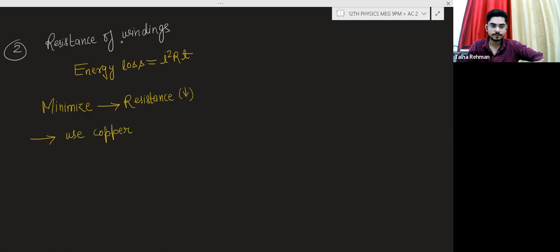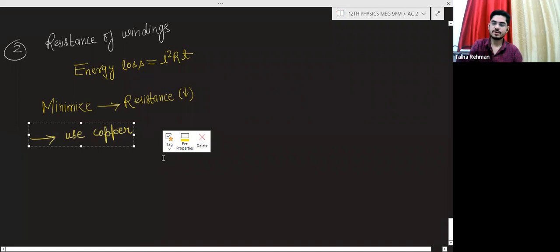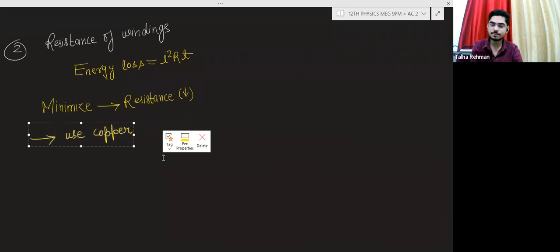Use copper. But copper is a costly material. We cannot use copper beyond a certain limit. So this will be a solution, but not the proper solution. We should use copper as little as possible.